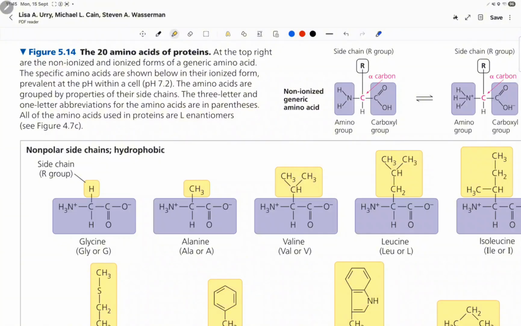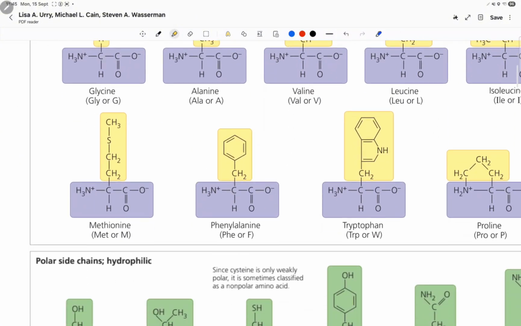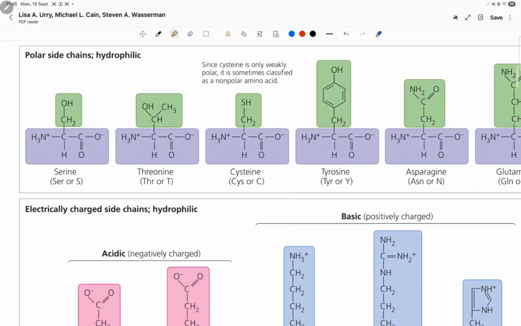Here I show you the 20 different amino acids, which basically have 20 different R groups or side chains. And you actually have to be able to identify which one is hydrophilic and which one is hydrophobic. And so to do so, I would recommend knowing the hydrophilic ones, and the hydrophobic ones are going to be the other ones that you simply don't know, right?